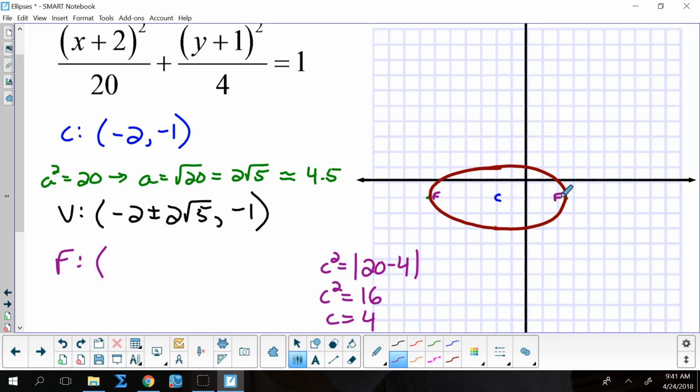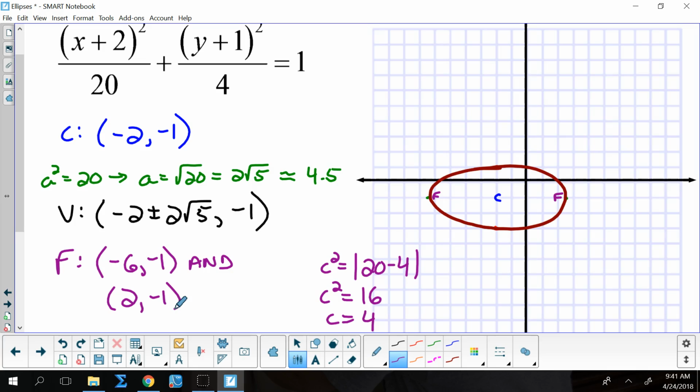So that's going to be (-6, -1) and (2, -1). Agree? Questions on this one?